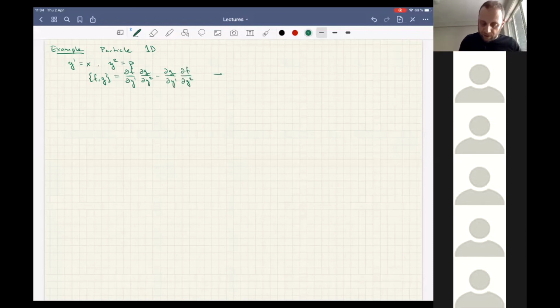So this means that omega 12 is equal to 1, omega 21 is equal to -1, while omega 11 and omega 22 are both equal to 0. So you have this anti-symmetric omega.